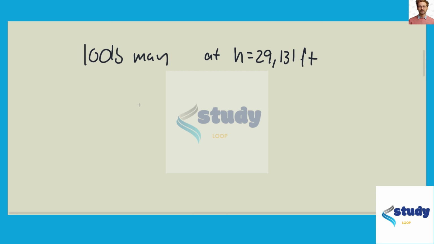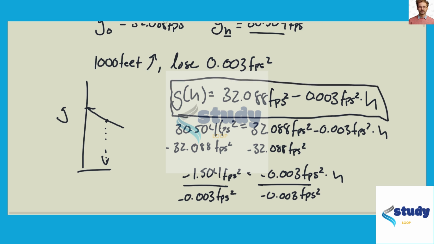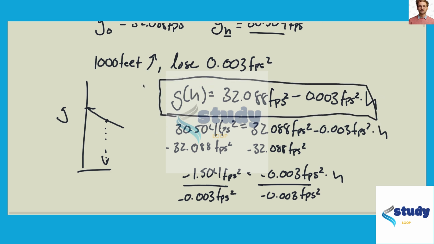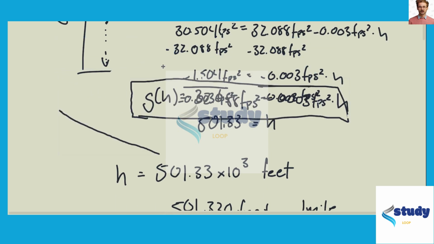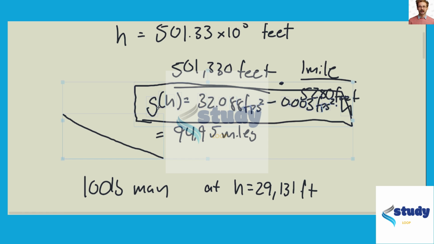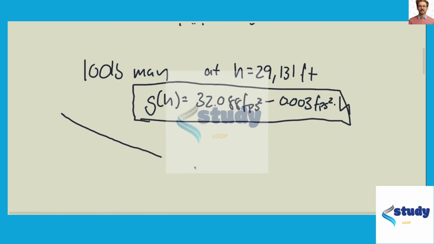Okay, so the first thing we're going to have to do is calculate gravity at this height using this equation that we built here. Let's bring this down with us. Right, so we know the height now.